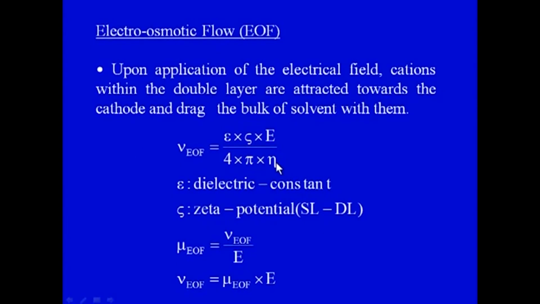Now, what is happening is that the bulk of the solvent is dragged towards the cathode, and these are the equations for electroosmotic flow, involving the dielectric constant, the zeta potential, the applied electric field, and the viscosity. They give you the electrophoretic mobility of the electroosmotic flow, which is the velocity of the electroosmotic flow divided by E, the applied electric field.